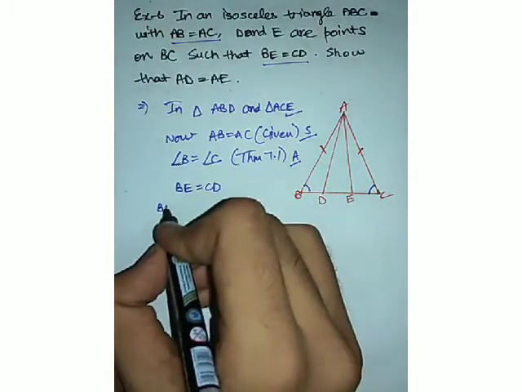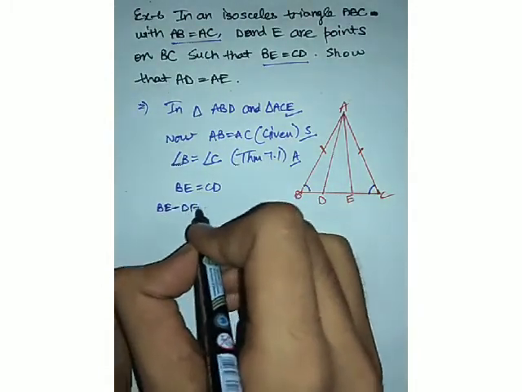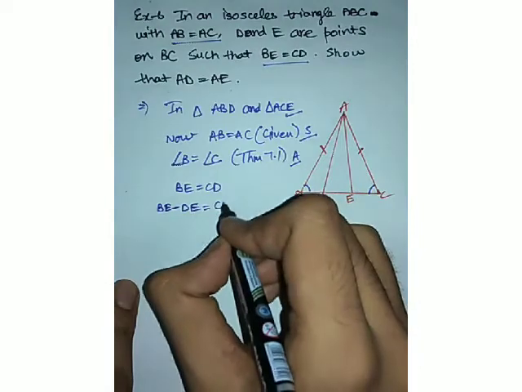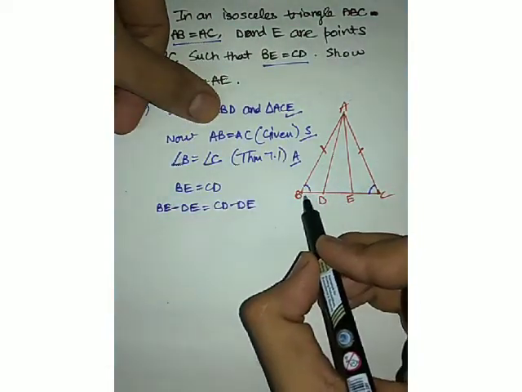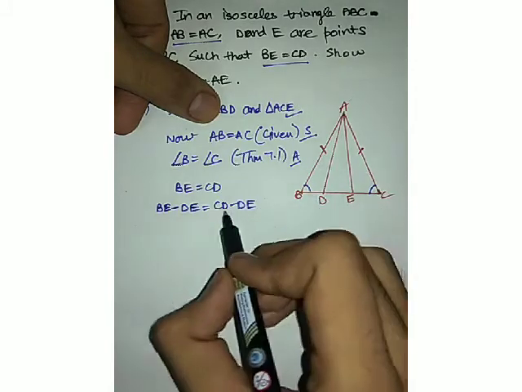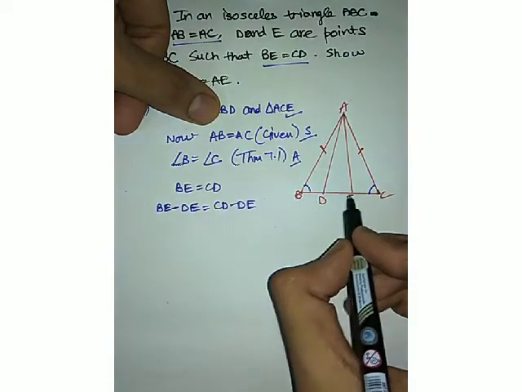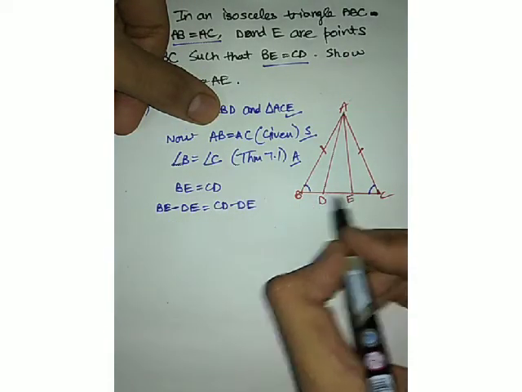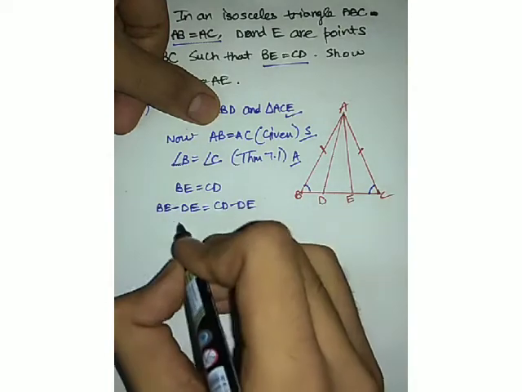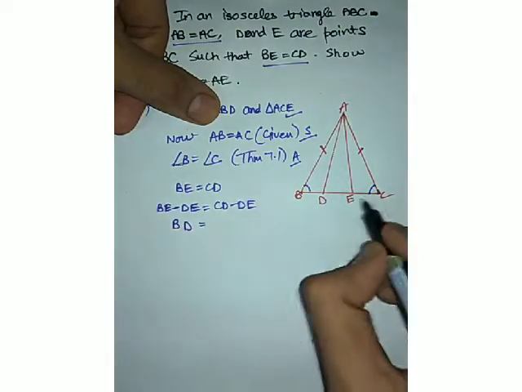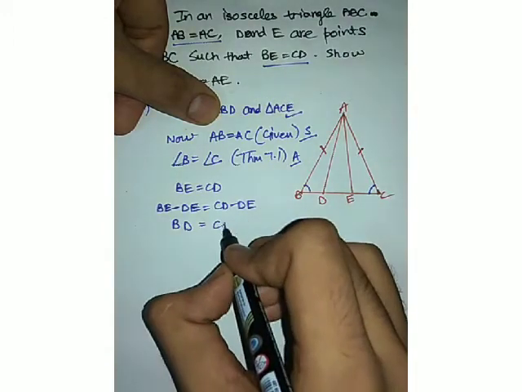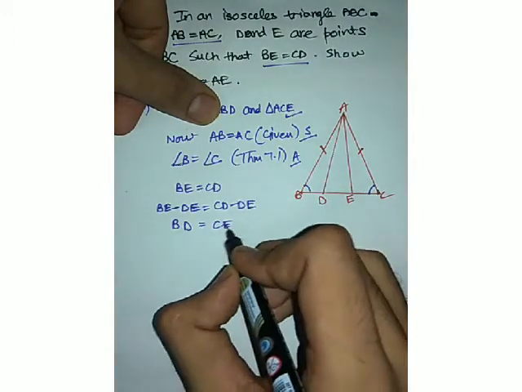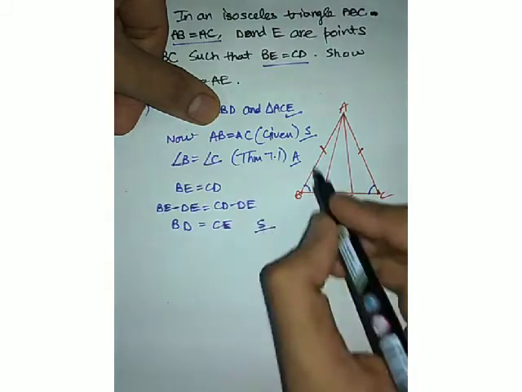You will subtract DE from both sides, BE minus DE and CD minus DE. BE minus DE automatically equals BD, and CD minus DE automatically equals CE. So the third side is also equal.